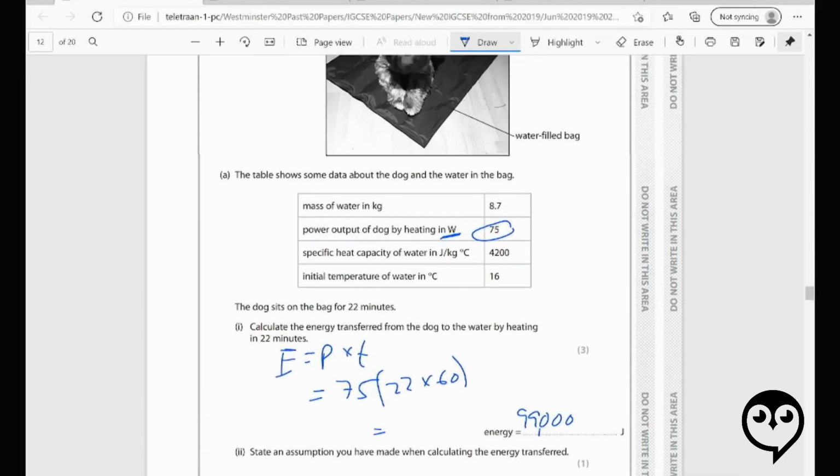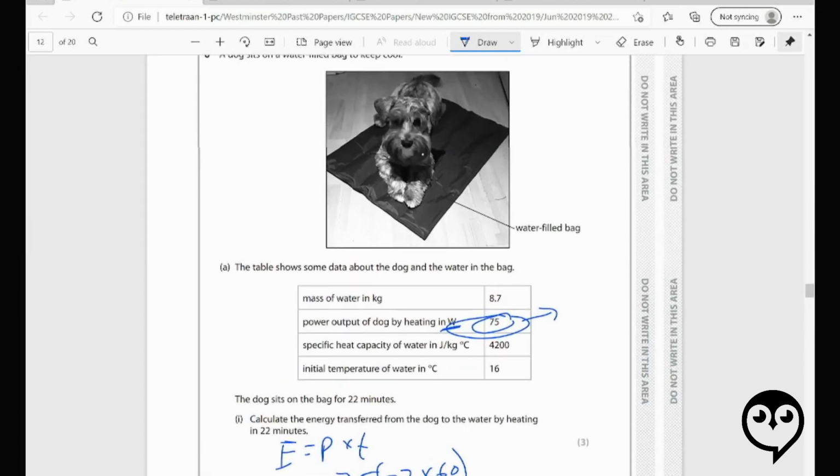State an assumption you've made when calculating the energy transferred. Well, we are assuming that this is a constant power output, that's not going to vary at all. If we're talking about what's going on here, heat from the dog is going to transfer and warm up the water in the bag, yeah? Now, generally what happens is the greater the temperature gradient, the greater the difference between two temperatures, then the faster the heat will be transferred.